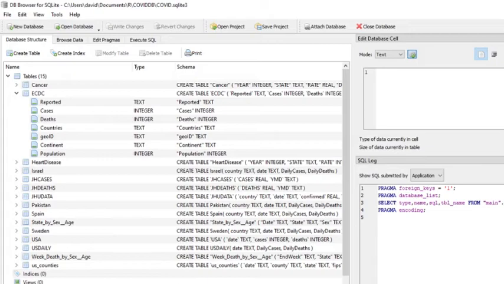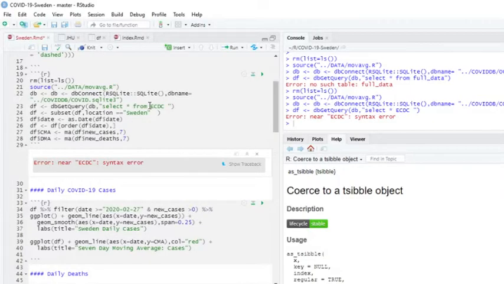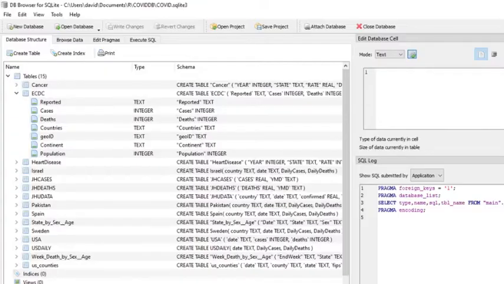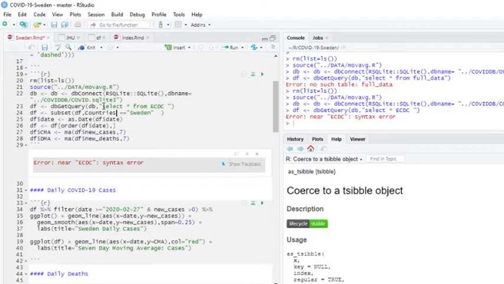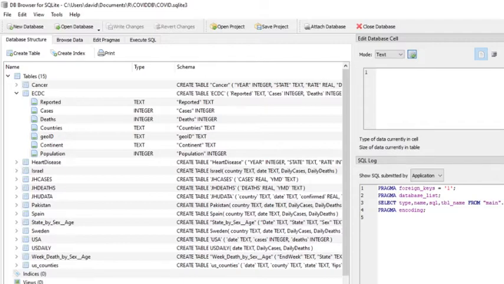ECDC, countries. Let's see, reported cases and deaths.